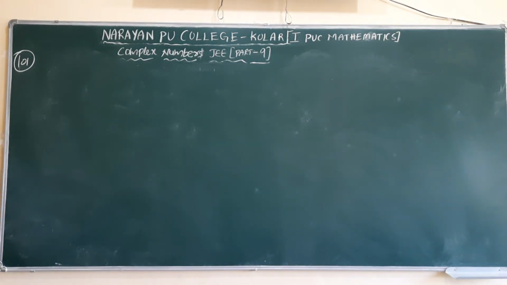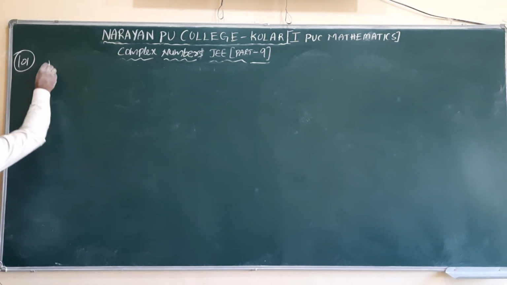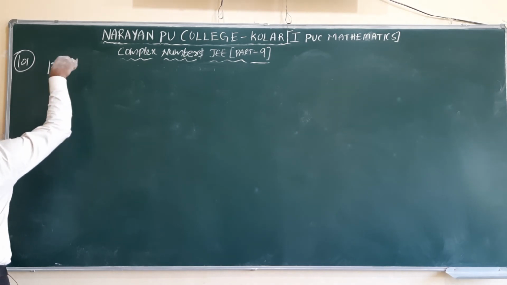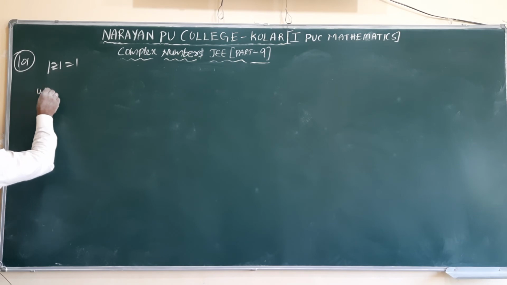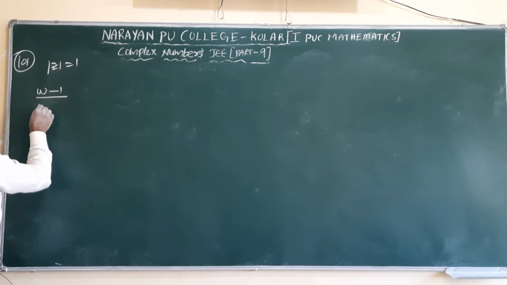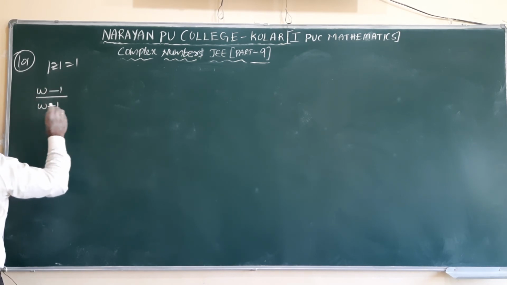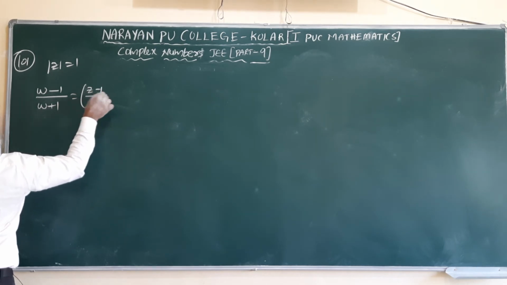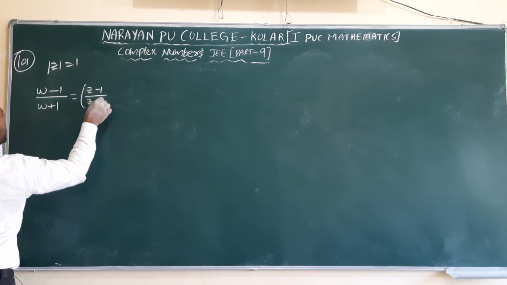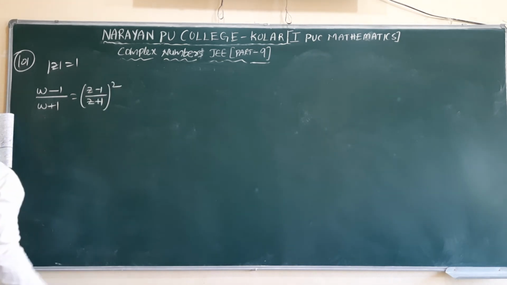Let z and omega be two complex numbers such that modulus of z is equal to 1 and (omega minus 1)/(omega plus 1) is equal to ((z minus 1)/(z plus 1)) whole square.